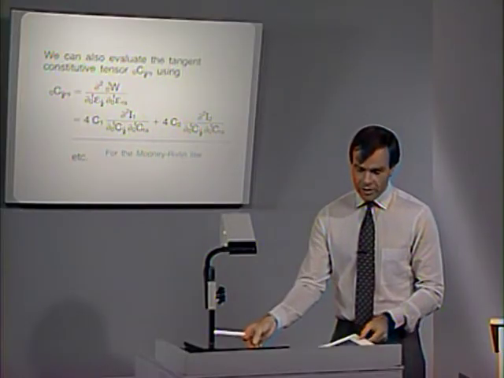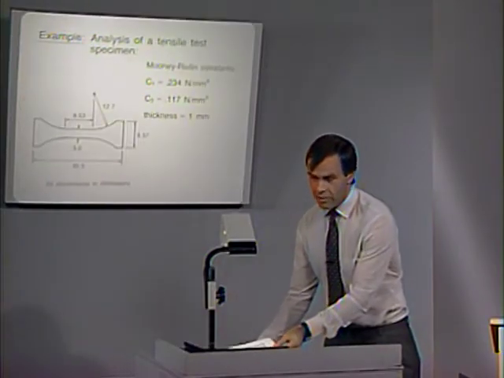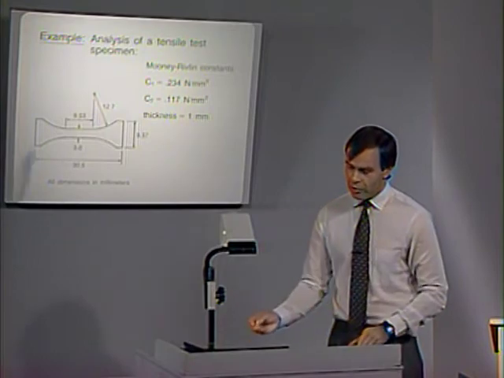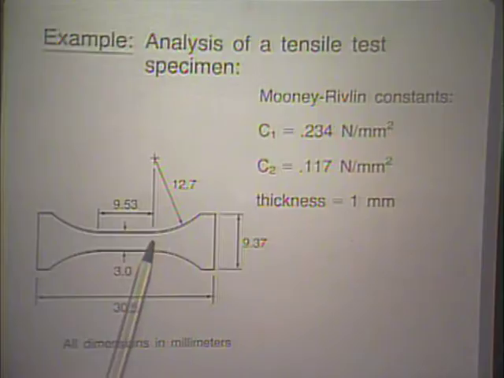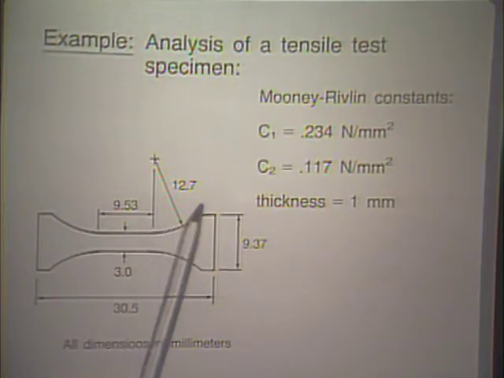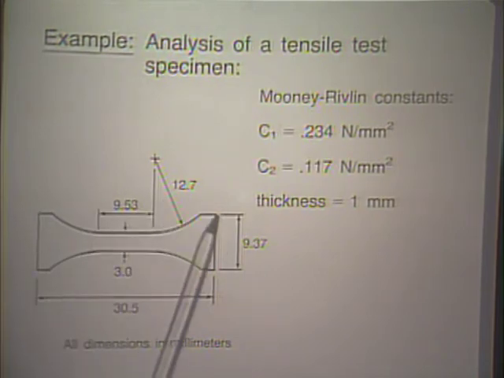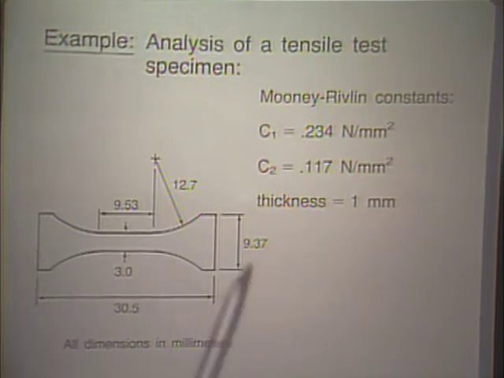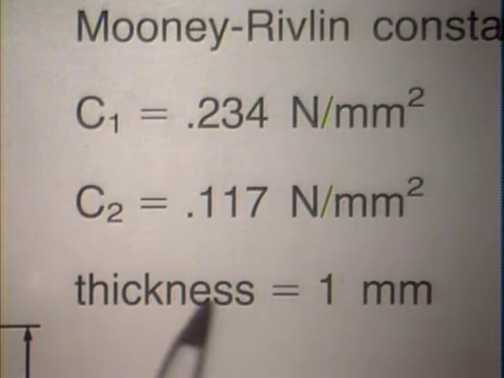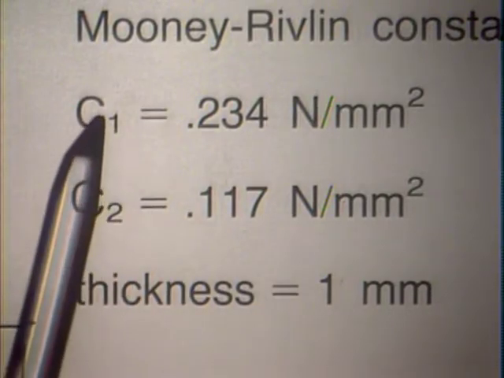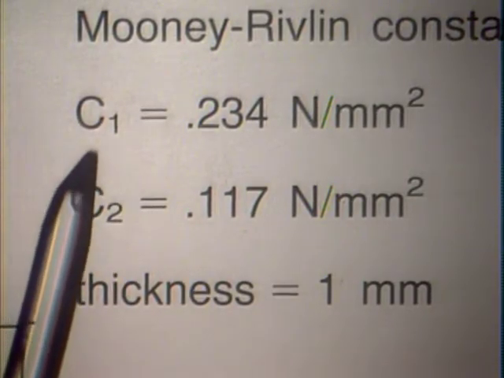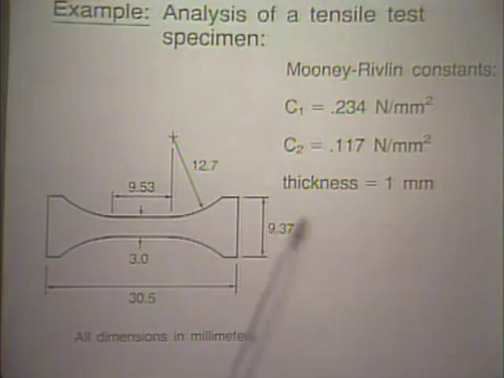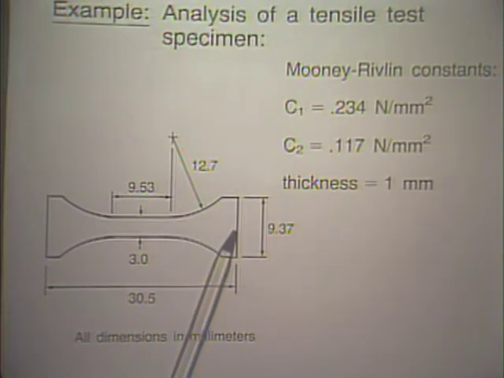Let us now look at an example. In this example, we are considering the analysis of a tensile test specimen. The specimen is shown here. All dimensions are given in millimeters. The thickness of the specimen is 1 millimeter, and the Mooney-Rivlin constants are given here. We need to model only 1/4 of the specimen because of symmetry conditions.